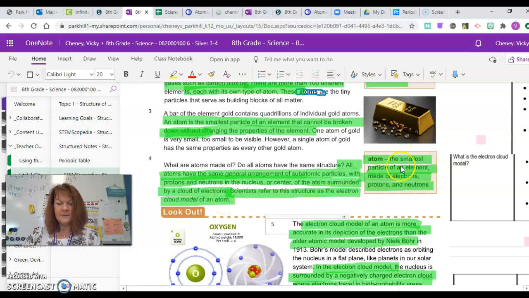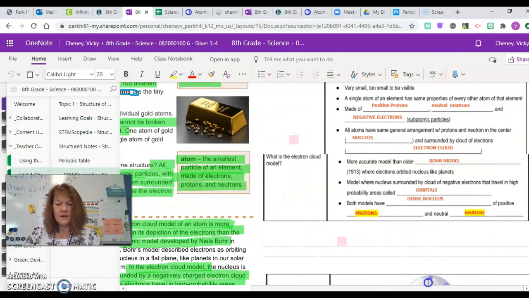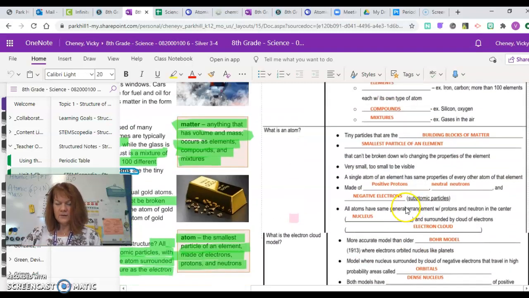So we have the atom is the smallest particle of an element. It is made of electrons, protons, and neutrons. And if you watched the little video, I think I posted it for you guys, the WKRP video, it's kind of cool because it does show you that the protons and neutrons are inside the nucleus. So here, a single atom of an element has the same properties of every other atom of that element.